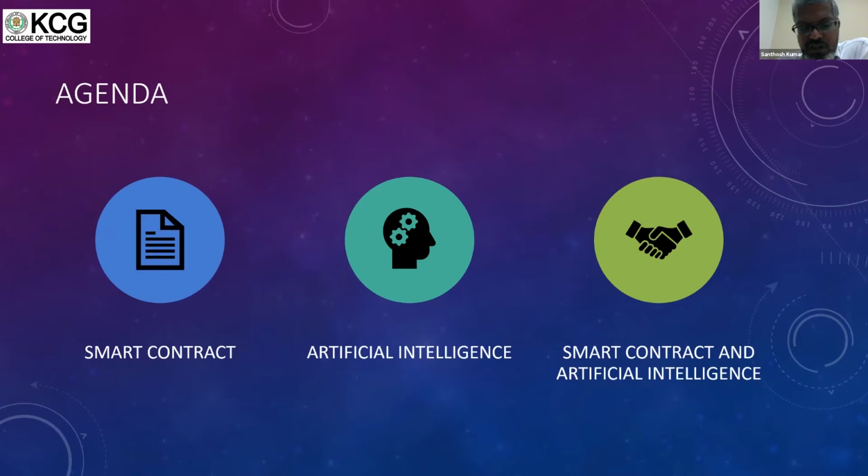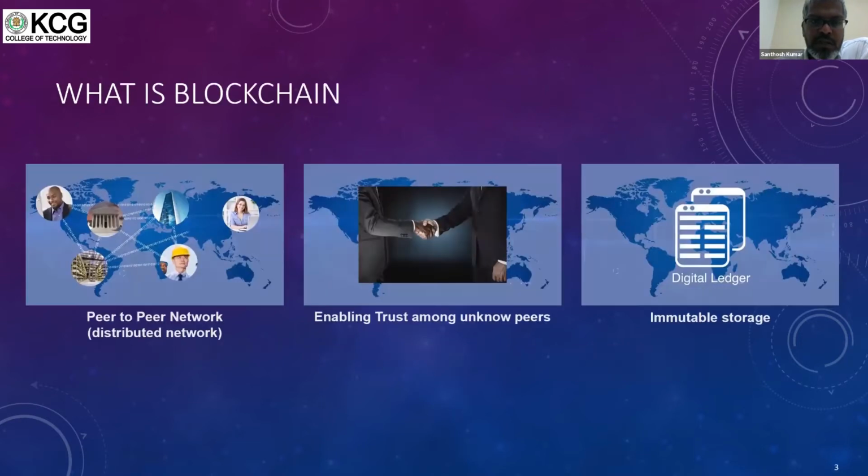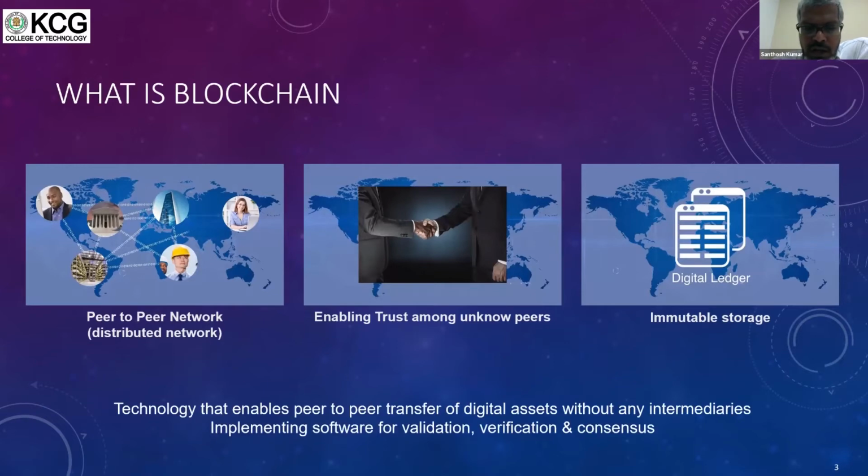Let's keep this session interactive. So let's recap on what a blockchain is. Most of you know, it gives me a decentralized mechanism or a decentralized network for any particular operations in a trusted environment, which is immutable.